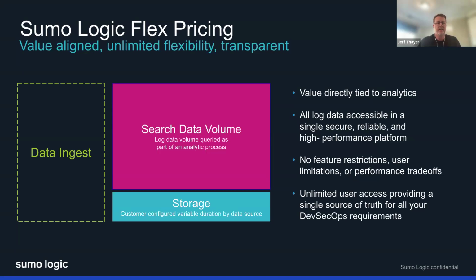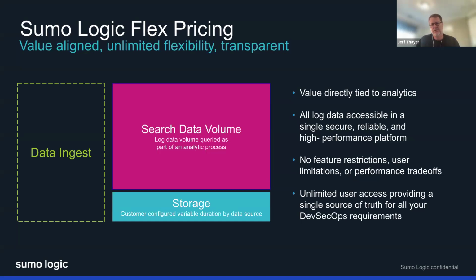The key tenet to the model is, if you're familiar with Sumo, your consumption today is primarily based on the ingest of the log data, and then you're allowed to run analytics. There is a storage component that's usually a base component. It's a relatively minor part of the overall value proposition, but there's some element of retention as well. The challenge with upfront ingest is we ask you to make a lot of decisions upfront before you've even seen the data.